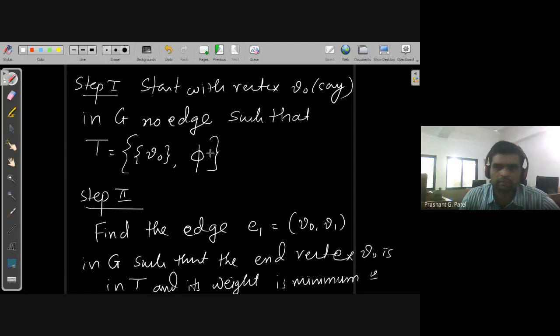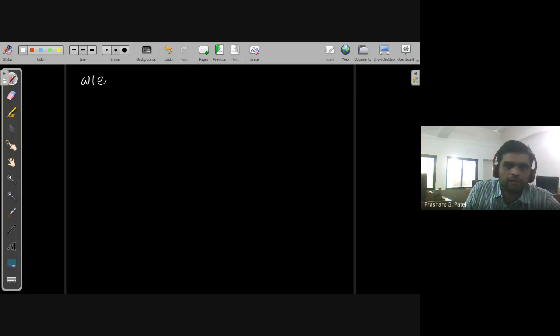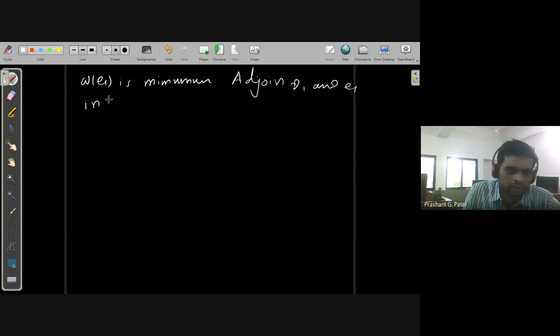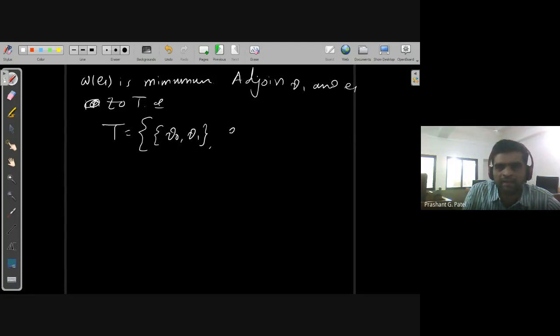That means W of E1 is minimum. Adjoin V1 and E1 to T. That means you have T equal to, now vertex set has 2, V0, V1, and edge set is E1.